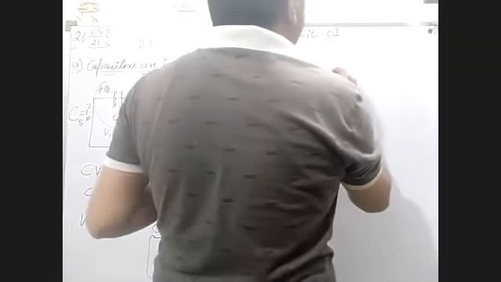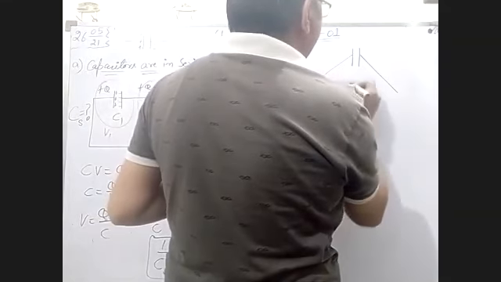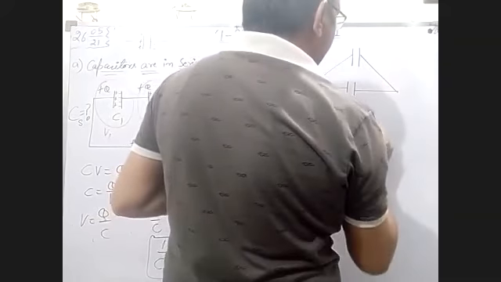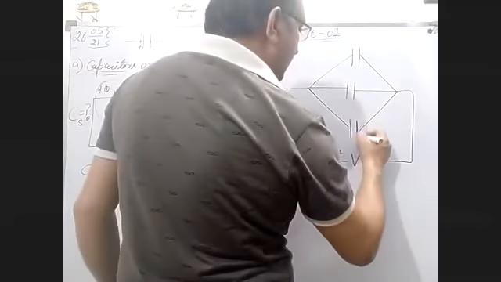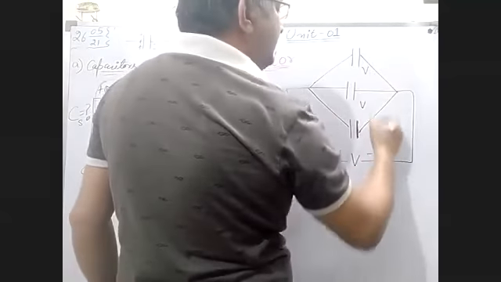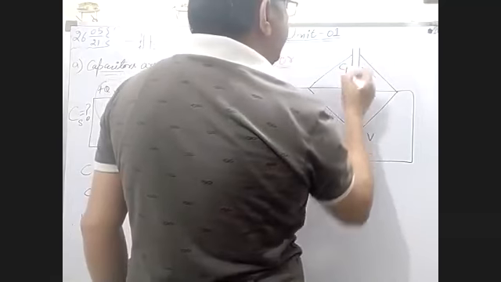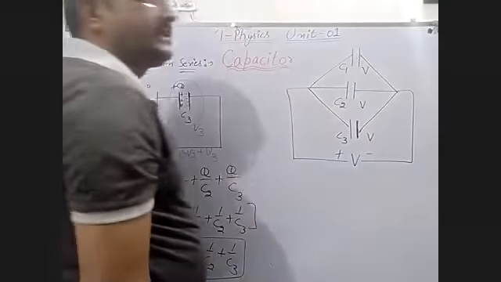These are schematic diagrams only. Now the capacitors are connected with voltage V, and you know very well in parallel voltages are the same. There is no V1, V2, V3. And the capacitance of this capacitor is C1, for this is C2, and this will be C3.